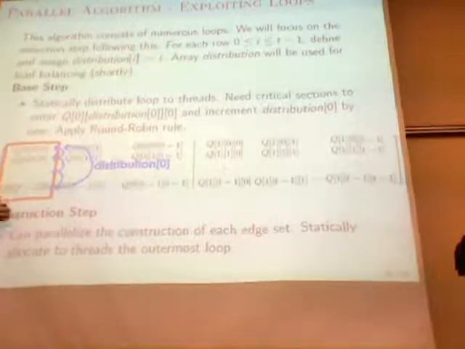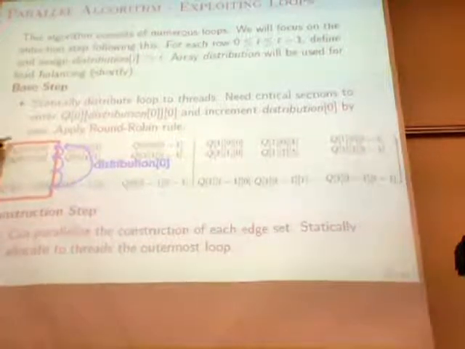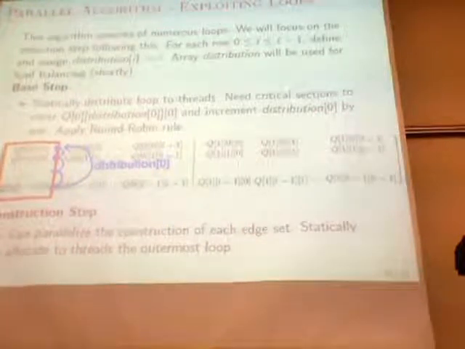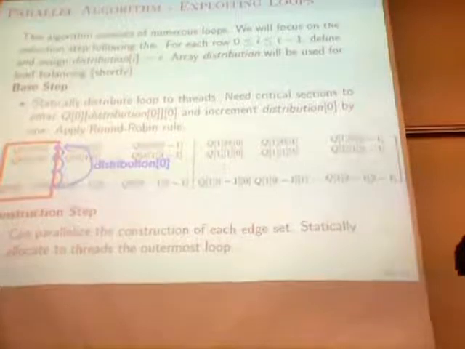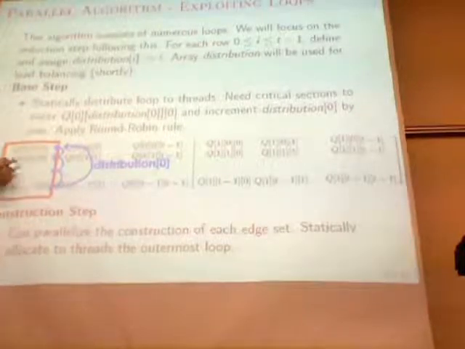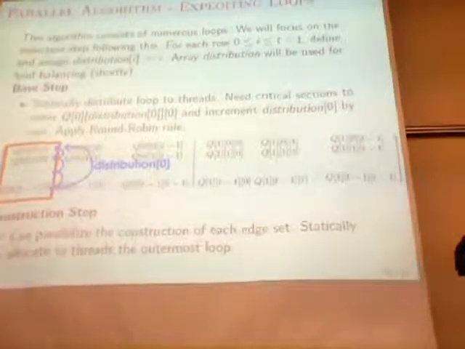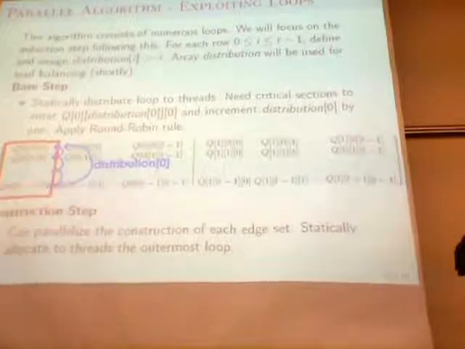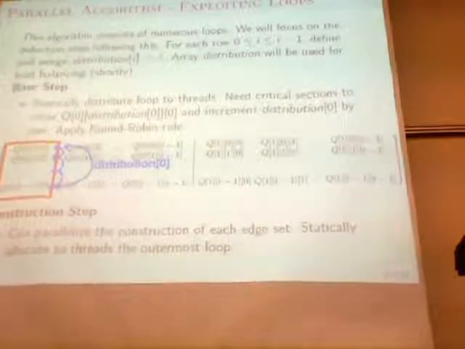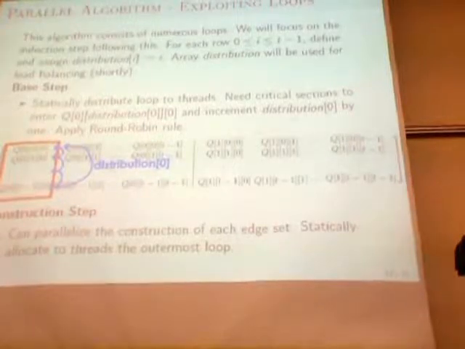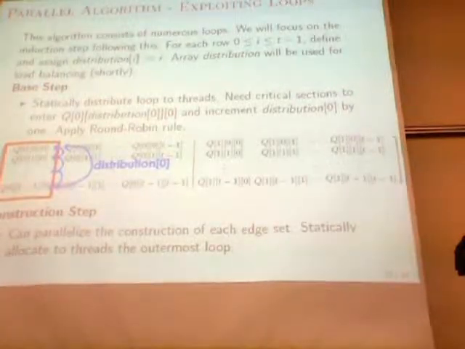Because you're going to use round robin on the first set here, going on the first column. Every time you enter, you have this variable called distribution, and you increment it by 1 on each enter operation. When you make a copy, you enter it, then increase distribution. The problem is, all the threads want dibs on distribution sub 0 in the base step, so we need a critical section.